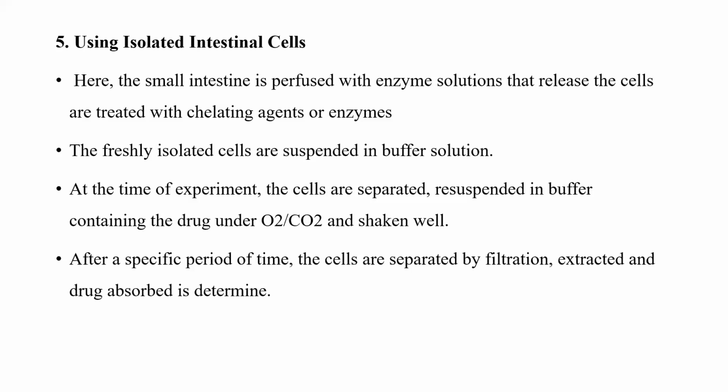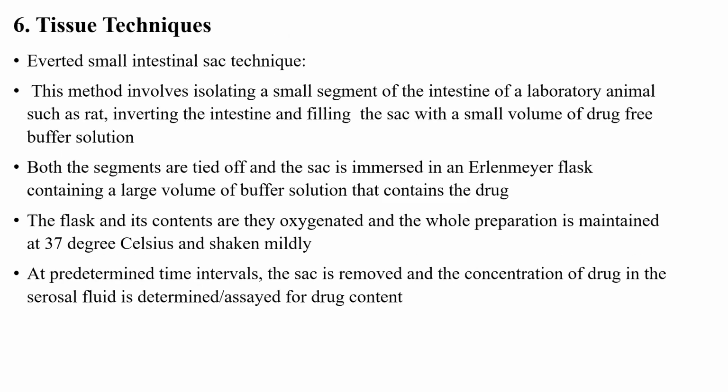At the time of the experiment, the cells are resuspended in buffer containing the drug under oxygen and carbon dioxide, and then shaken well. After a specific period of time, the cells are separated by filtration or extracted, and the absorbed drug is determined.